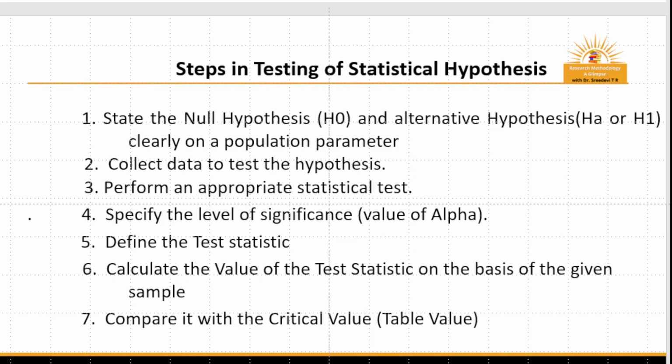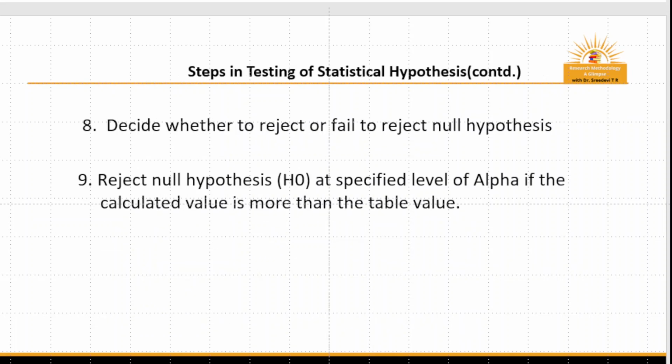Specify the level of significance or value of alpha. Define the test statistic. I will explain what is test statistic. Calculate the value of the test statistic on the basis of the given sample. Compare it with the critical value, that is the table value. Decide whether to reject or fail to reject the null hypothesis. That is, reject the null hypothesis at the specified level of alpha if the calculated value is more than the table value.